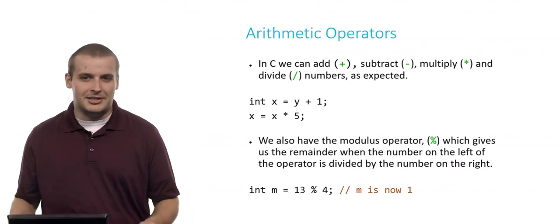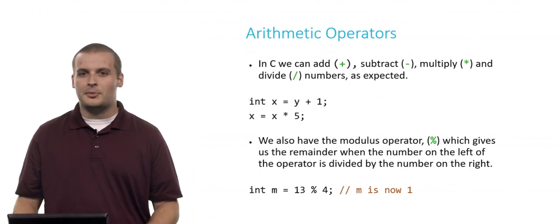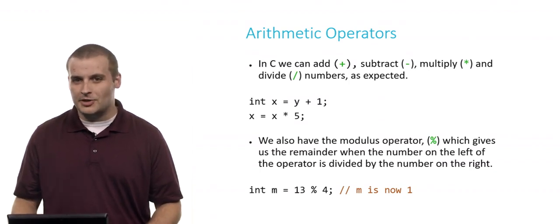You might think that that's actually not a terribly useful thing, but you'd be surprised by how frequently the modulus operator can come in handy. There's a couple of problems we'll do in CS50 that deal with it, and it's also good for doing things like random numbers. If you've ever heard of a random number generator, that's going to give you a number from 0 to some huge number, but maybe you only really need a number from 0 to 20.